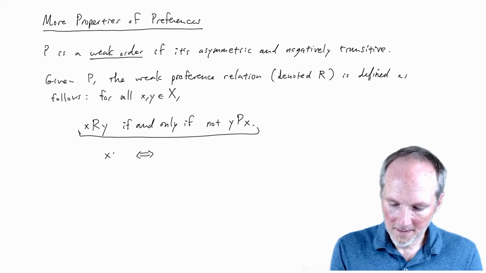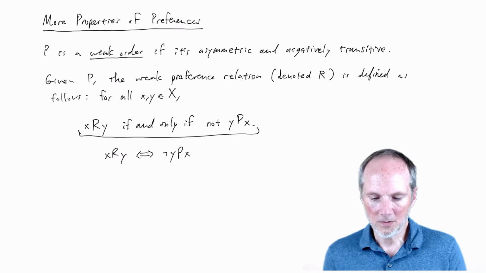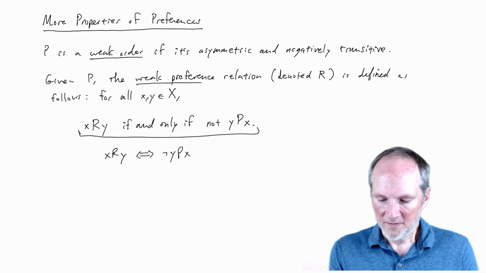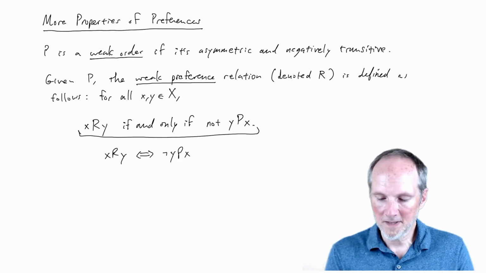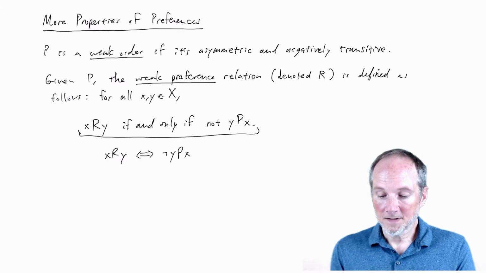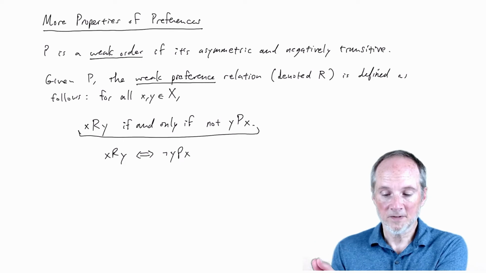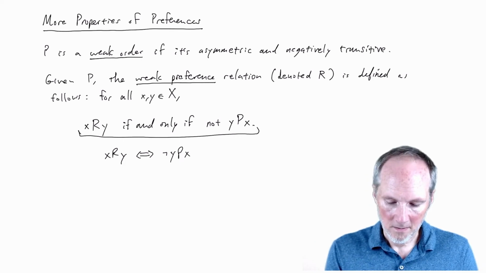So we can write that like so, x R y if and only if not y P x. So this weak preference relation, this is a definition, so I'm going to underline defined terms like this, is defined like so.